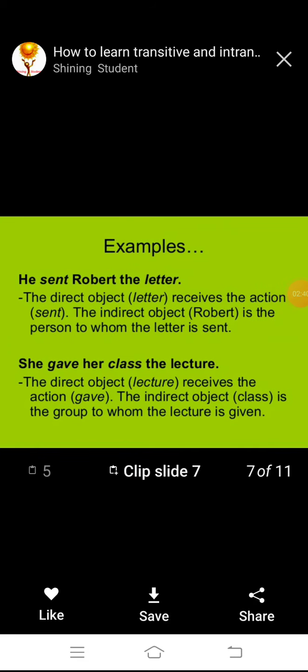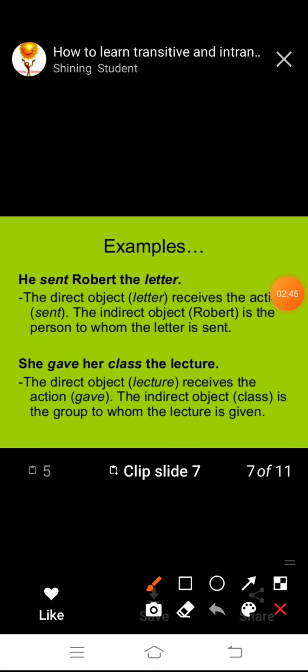Example: she sent Robert the letter. Very nice example it is. You can understand very well by this example. See, she sent what? The letter. So it's a direct object. The words which give the answer to the what question are called the direct object.